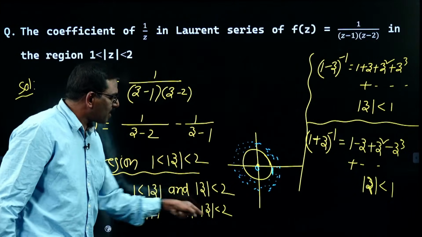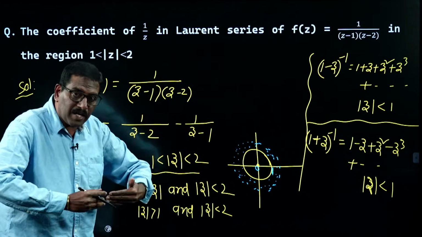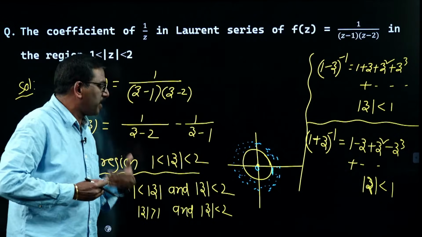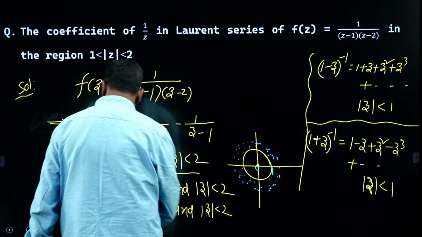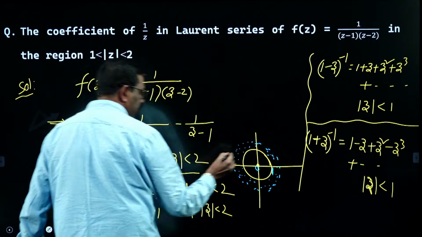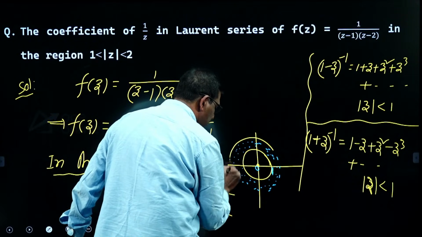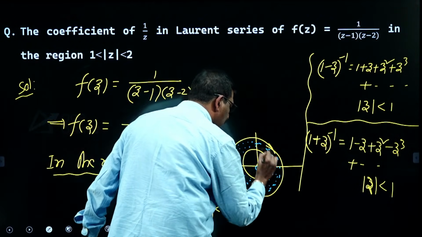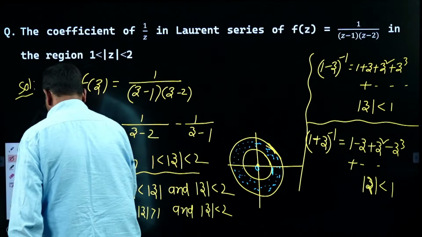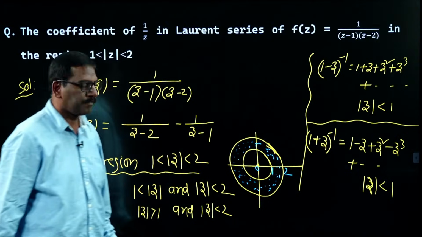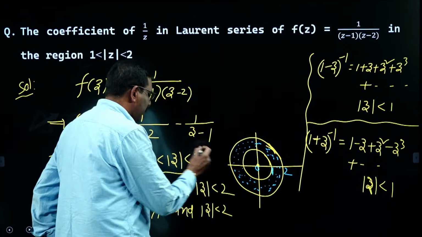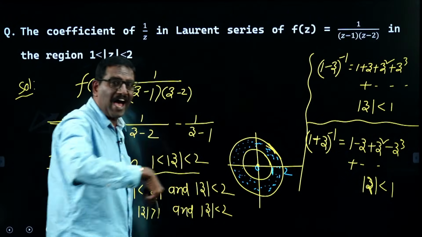And mod z less than 2 means above the radius 1 and below the radius 2. Yes, the diagrammatic view is like this only. All z's. This is nothing but 2. Just for clarity, 1 less than mod z less than 2 means it is an annulus.